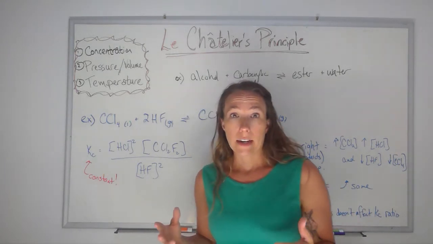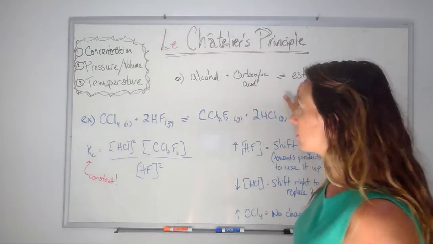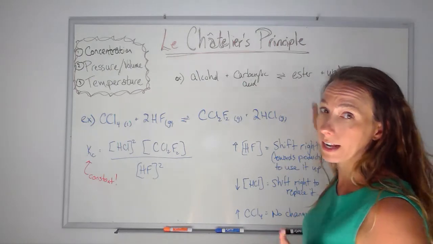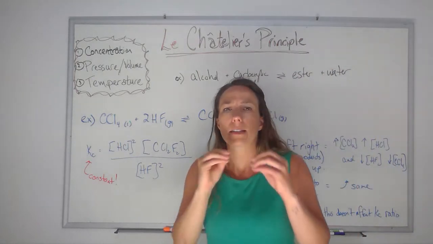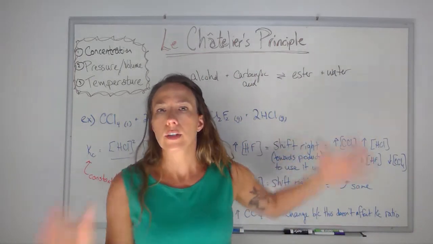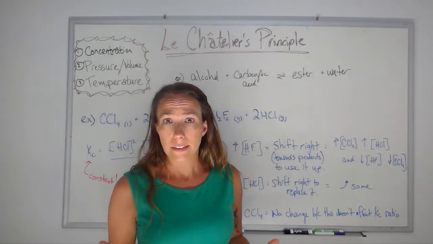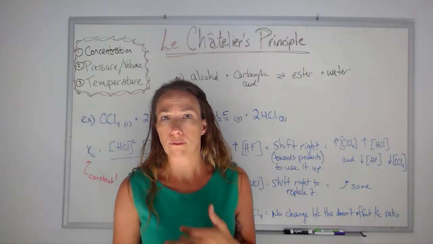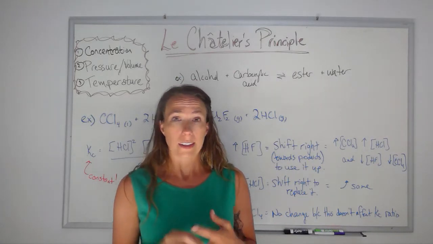So here's an example of that in industry. If you're trying to make an ester through this organic reaction, alcohol and carboxylic acid make an ester and water, and remember, esters are fruity smelling and sweet, and so they are your perfumes and your car air fresheners and your lip balms.